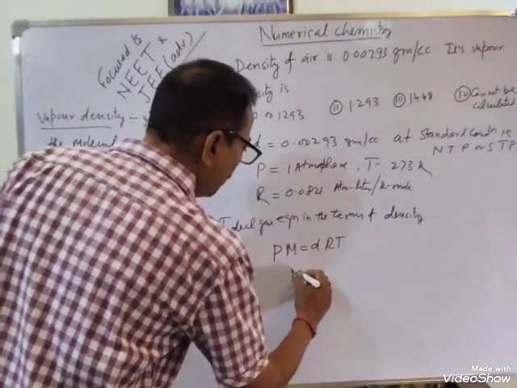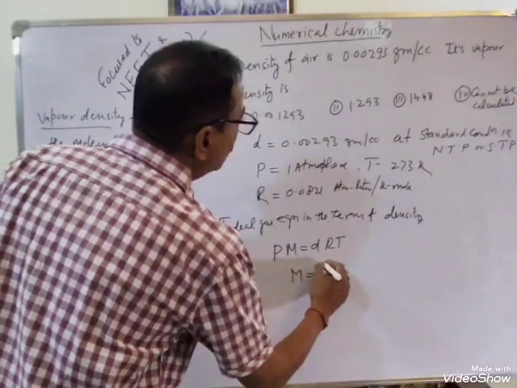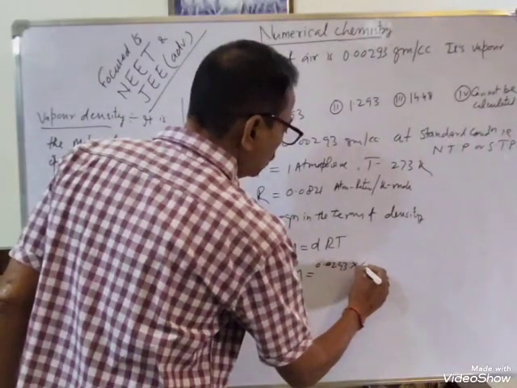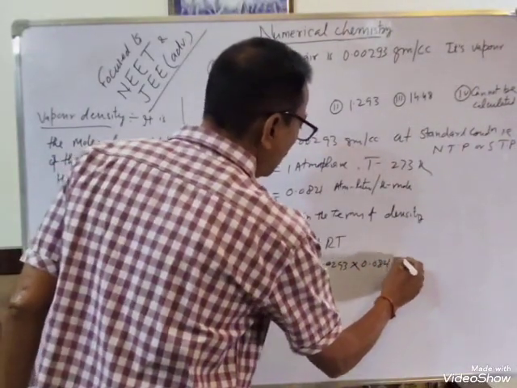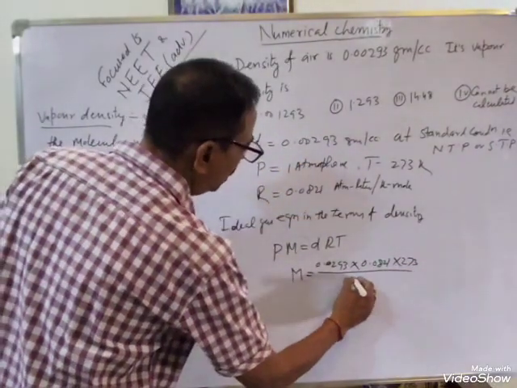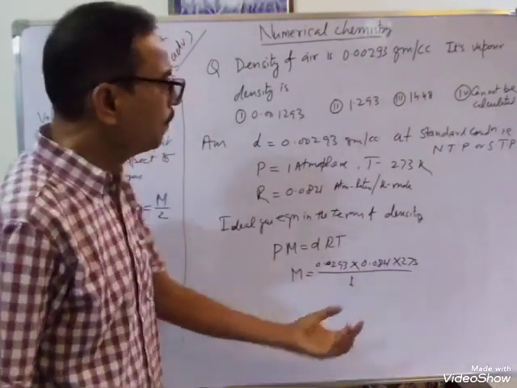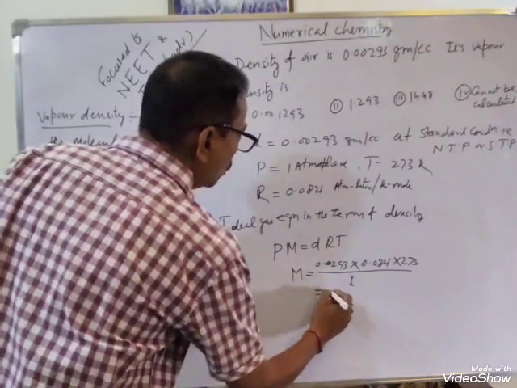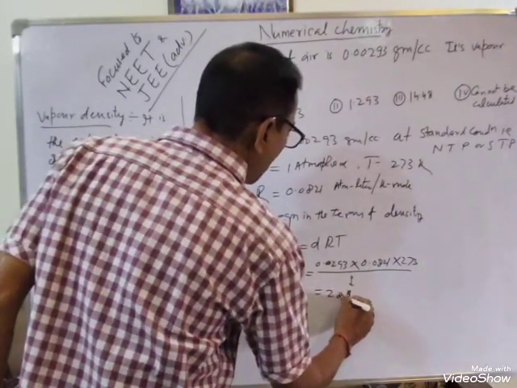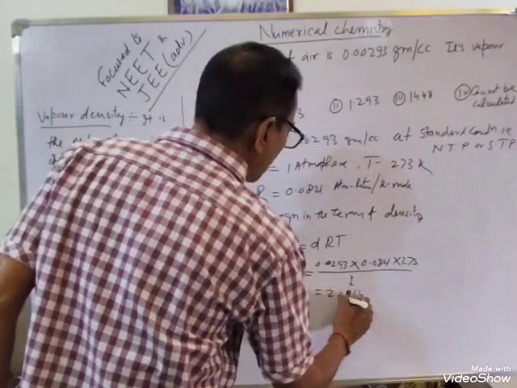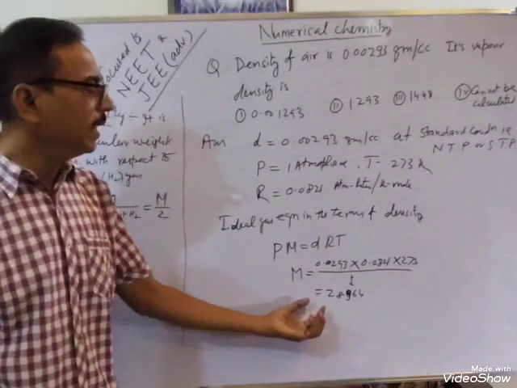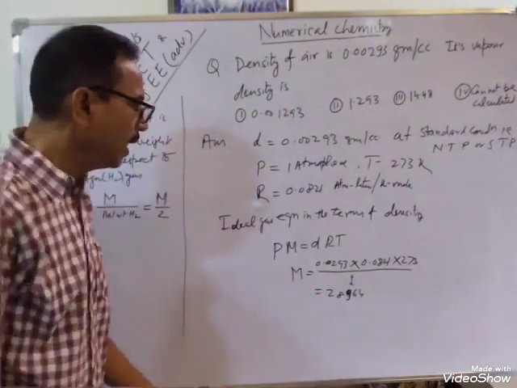The molecular weight will be the density 0.00293 into R 0.0821 into temperature 273 divided by pressure, that is 1 atmosphere. If you simplify, you will get 28.964.